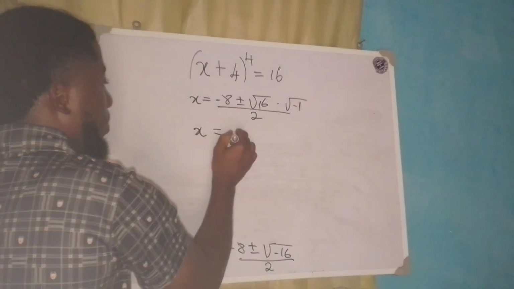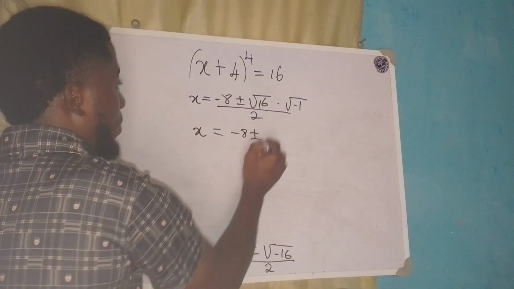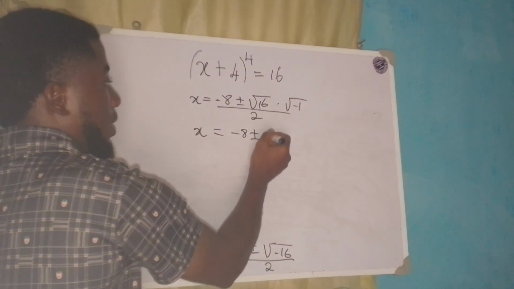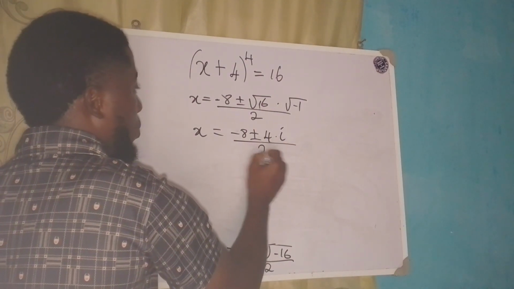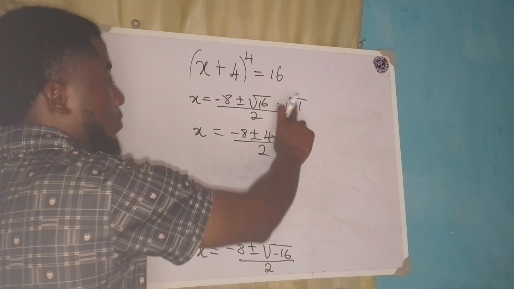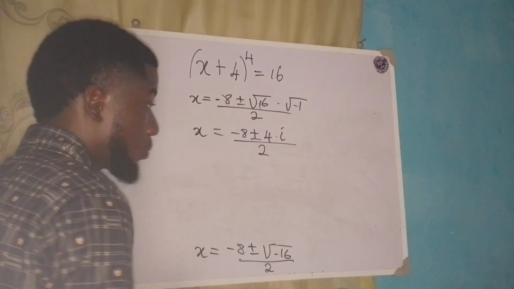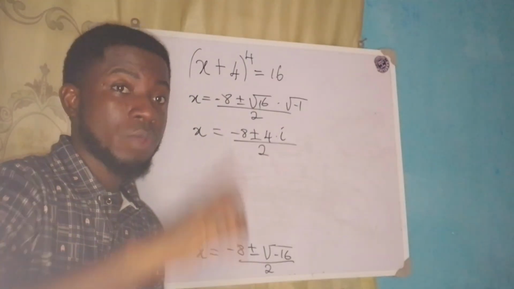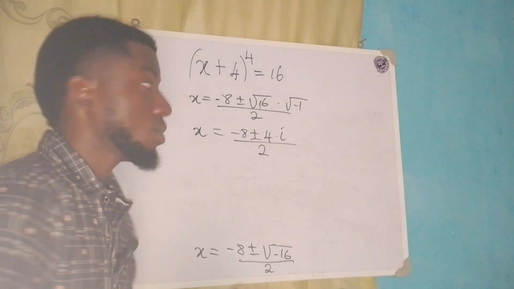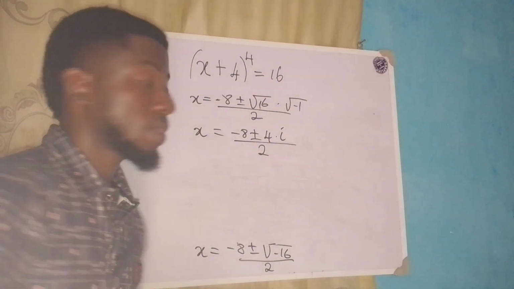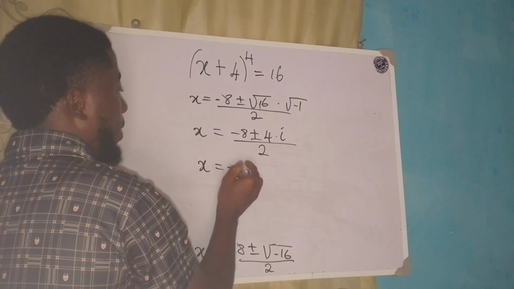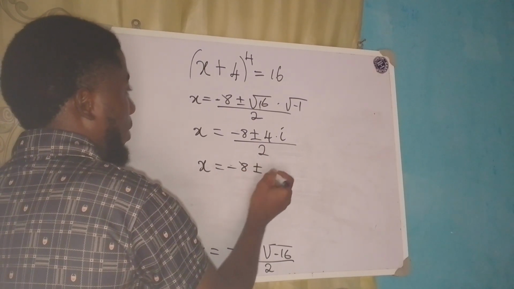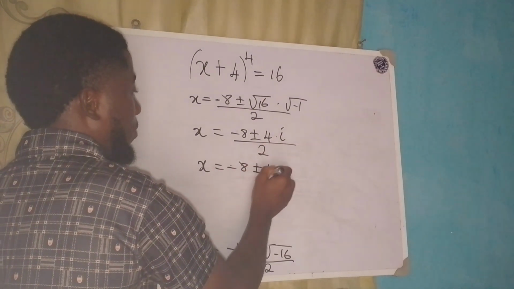Our x will now be minus 8 plus or minus the square root of 16, which is 4. Then multiplied by i, we divide by 2. Since we can't get the square root of negative 1 with a calculator, we believe it's imaginary, so we write i for the square root of negative 1. Now, from here, our x is equal to minus 8 plus or minus 4 times i, that will be 4i.